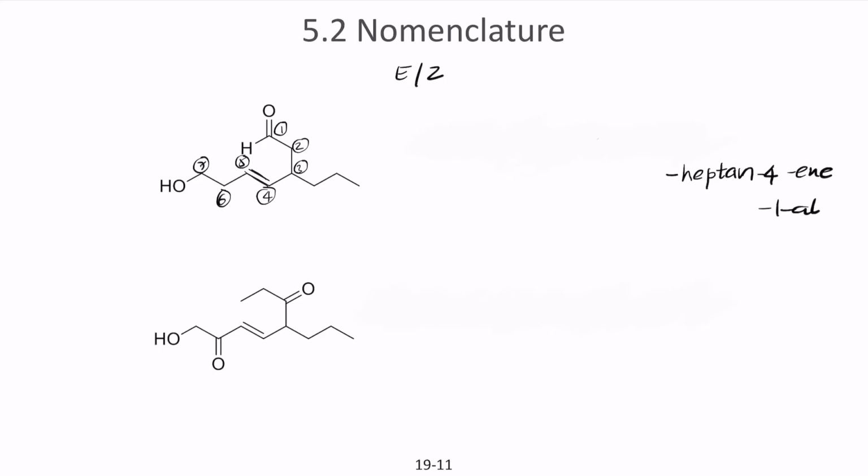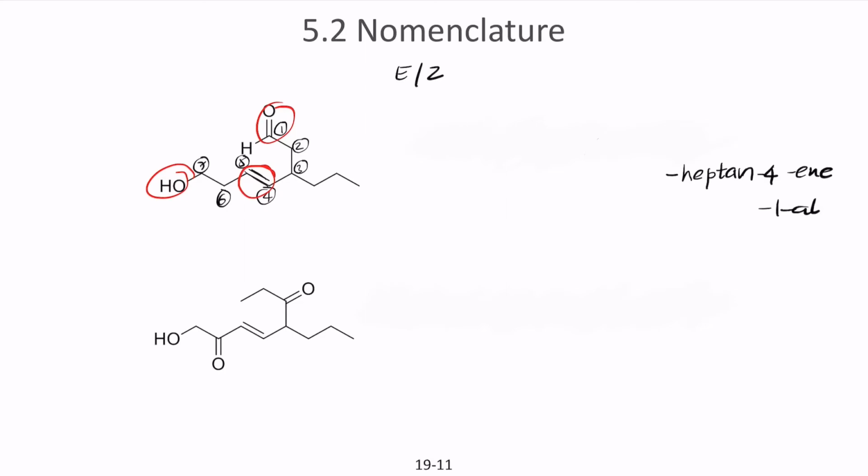So which parts are done? We have named the double bond, we have given the aldehyde name, and the next one is a hydroxyl group on the 7th carbon. So we can write it as 7-ol, or we can write it as hydroxy, but I wouldn't recommend writing hydroxy every single time. So try to name it accordingly. How would you name this structure?